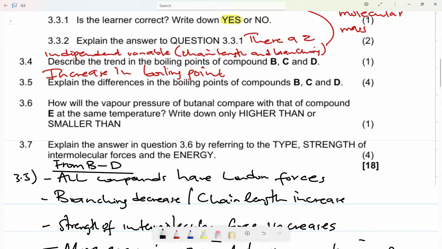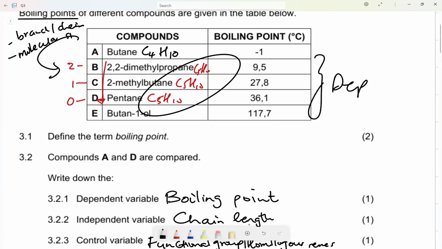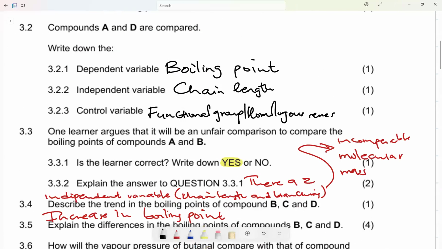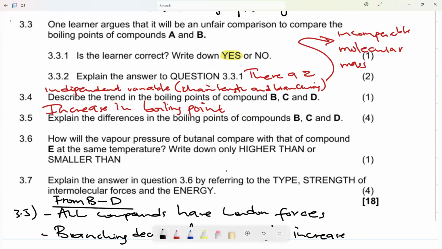3.6. How will the vapor pressure of butanol compare to compound E? Compound E is an alcohol. We know alcohol has a higher boiling point than butanol, but now we are talking about vapor pressure.